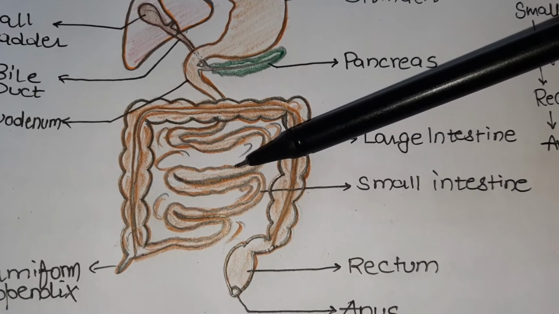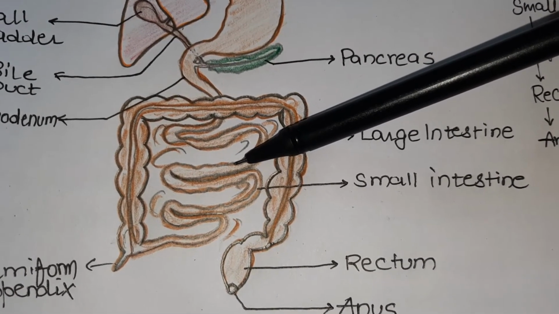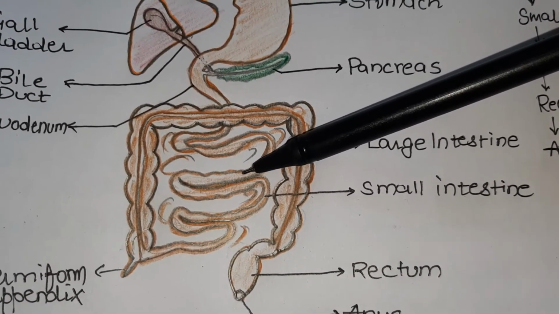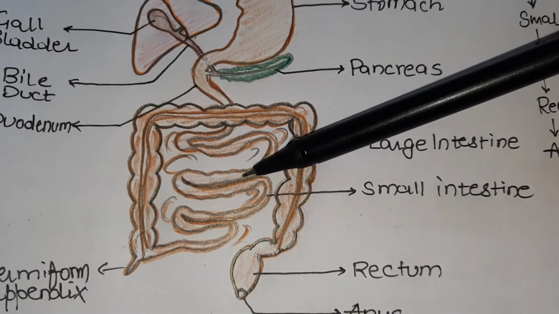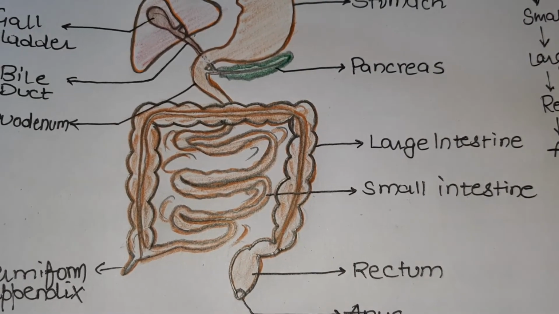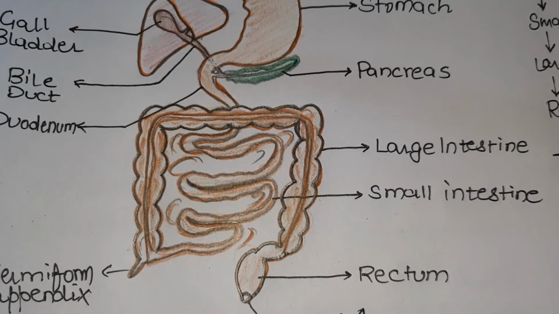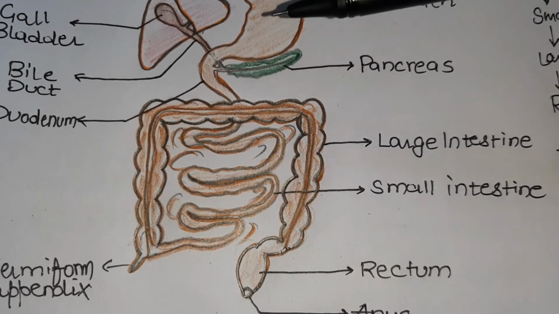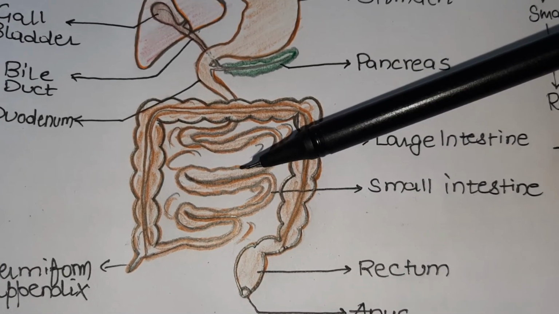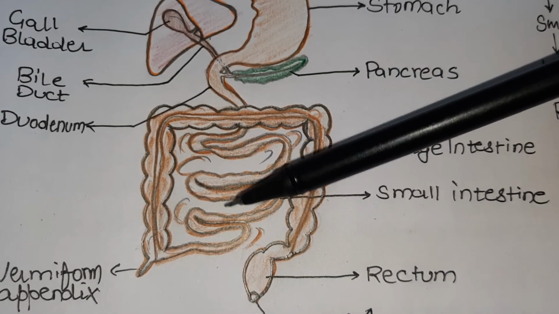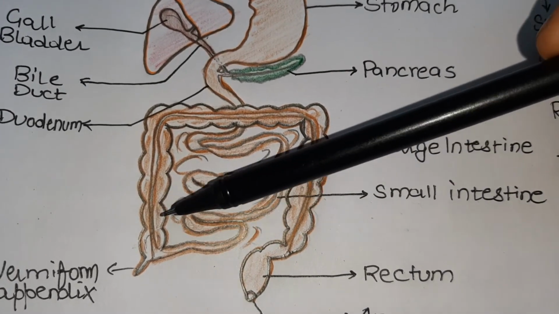Each villus has its own blood supply which can easily absorb the digested food from the small intestine. Later on, when I discuss more about the digestion of food in human beings, I will discuss the intestinal villi. So from the small intestine, the food then enters into the large intestine.